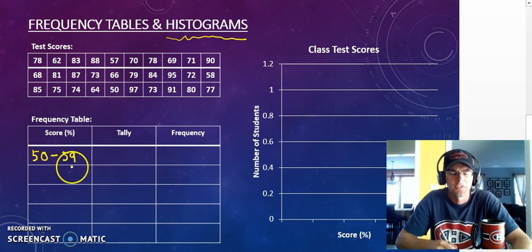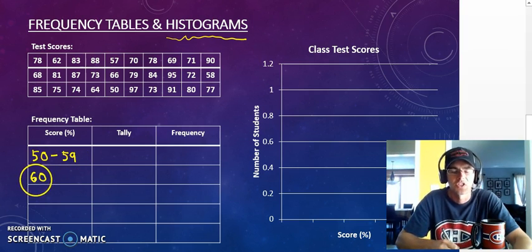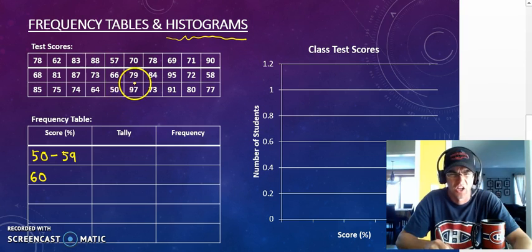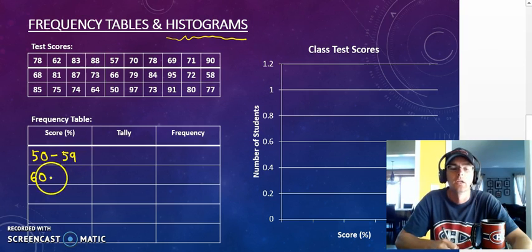Now I say 59 because my next grouping will be 60. If I say 50 to 60, and then down here 60 to 70, well, if someone gets a score of 60, which I don't see right now, well, where does the tally go? Does it go into this grouping or this grouping? So you cannot have repeated numbers. So that's why I'm saying 50 to 59, and then 60 to 69.